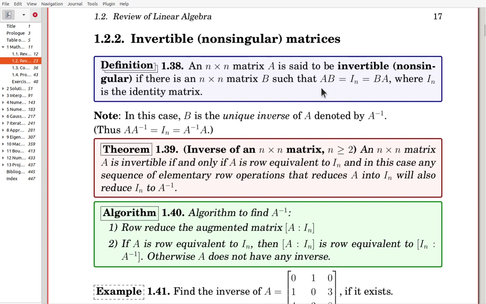And once such B exists, then B is unique, so rather than B, we can use the notation A inverse. So the inverse is unique. Rather than an inverse, we can say the inverse.